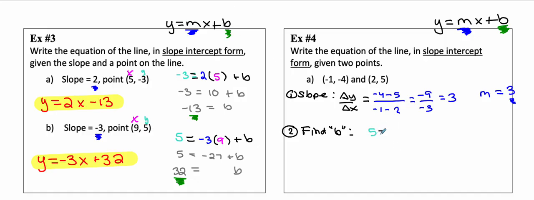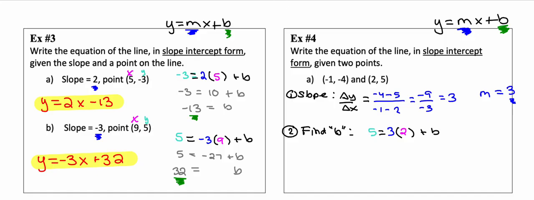Equals, my slope of m is 3. That's what we just found. Times the x, so if my y was 5, my x is 2. Plus b. I do not know what b is, so I put plus b.